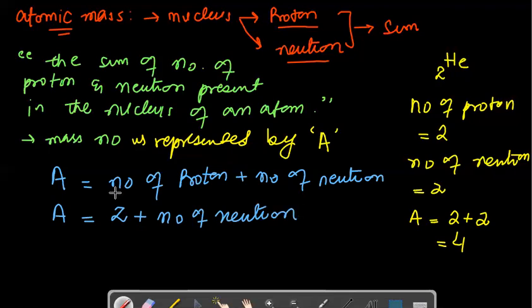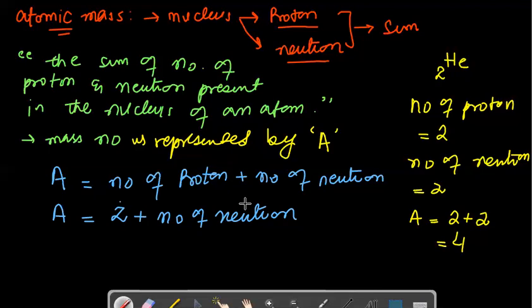Isn't it so? As we have already discussed, the number of protons is basically the atomic number, so you can replace the number of protons by Z. So if you are provided the number of protons or neutrons in the question, you can easily find out the atomic mass of the substance, or sometimes they give you the atomic mass and number of protons, and they will ask you how many neutrons are present in the nucleus.